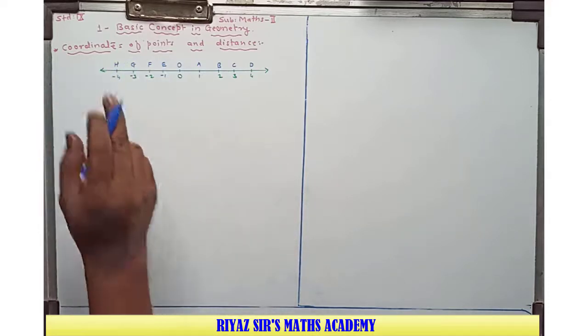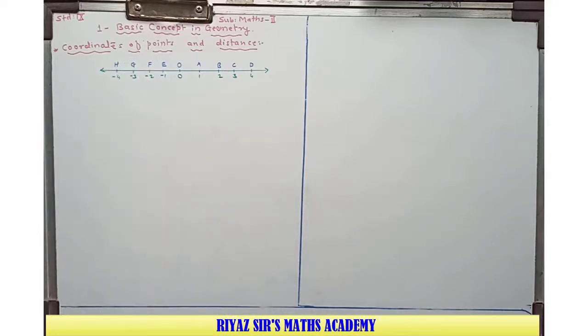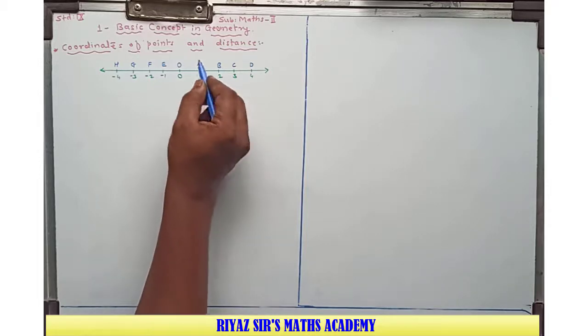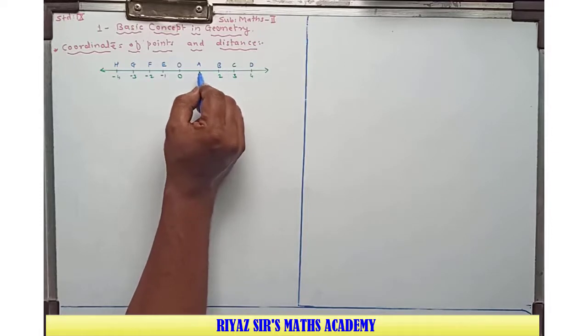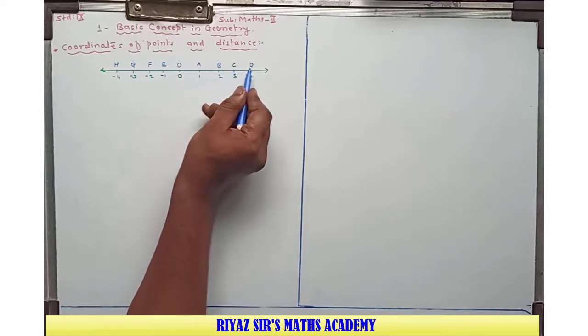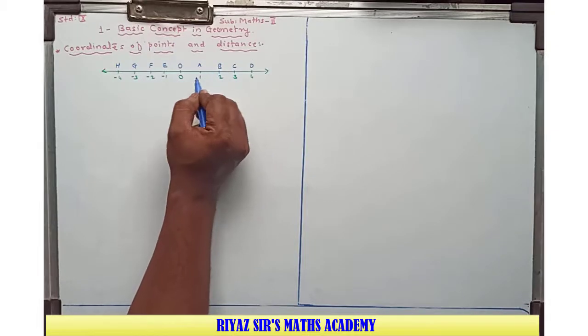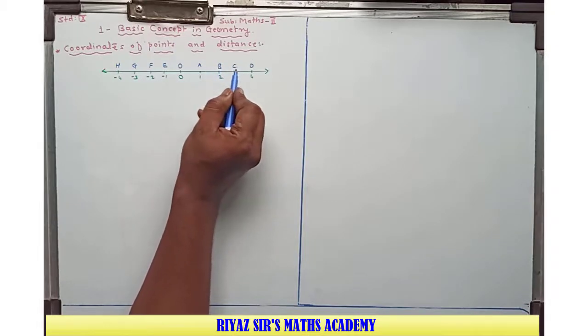Now the definition of coordinate of a point. The coordinate of a point is nothing but the number associated with the given point. Here this is called the point A, point B, point C, point D. We name those points 1, 2, 3, 4 as A, B, C, D and so on.